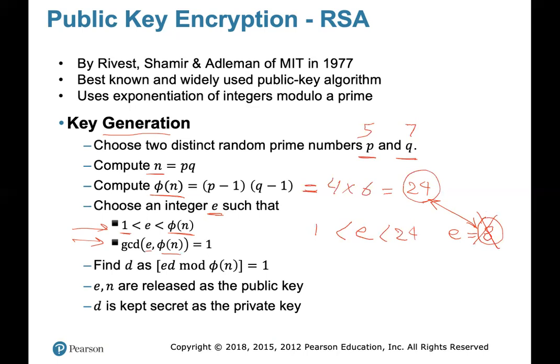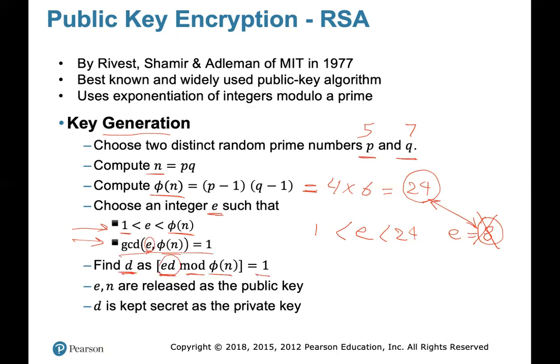So E is a number between 1 and phi n, with the property that the greatest common divisor of E and phi n is 1. Then, having E and phi n, we find D such that E times D mod phi n equals 1, which means that E times D is co-prime with phi n.